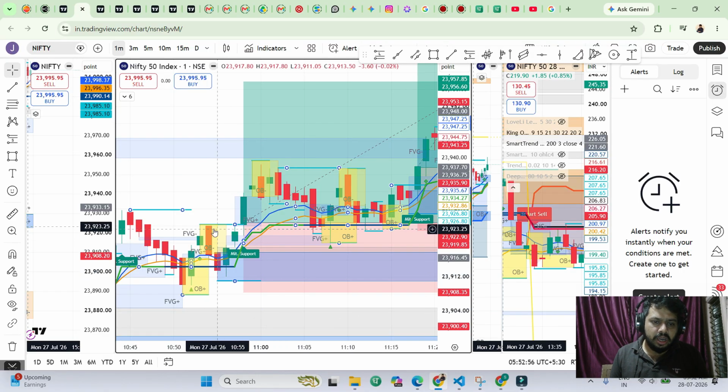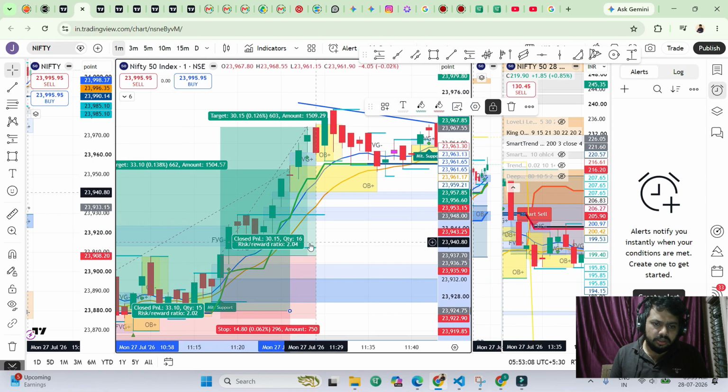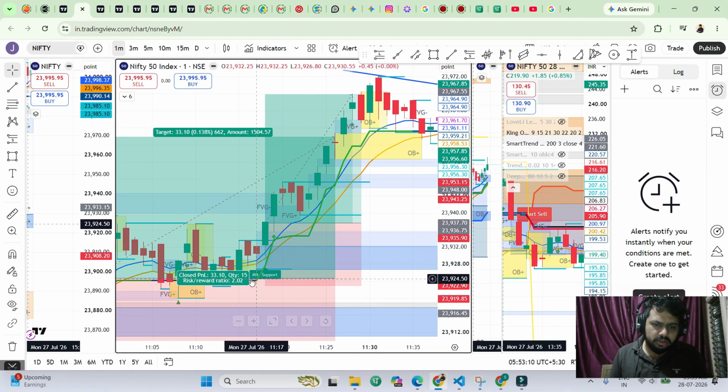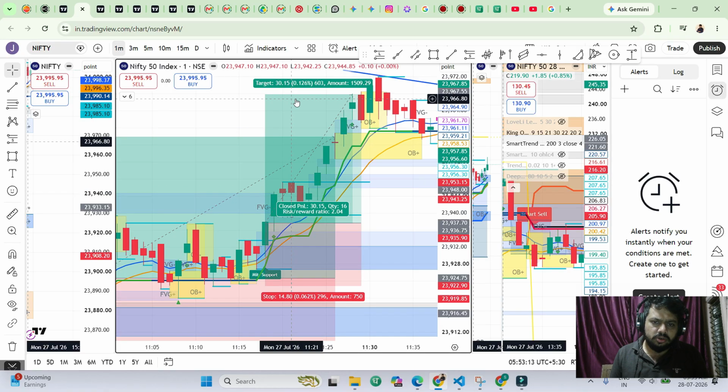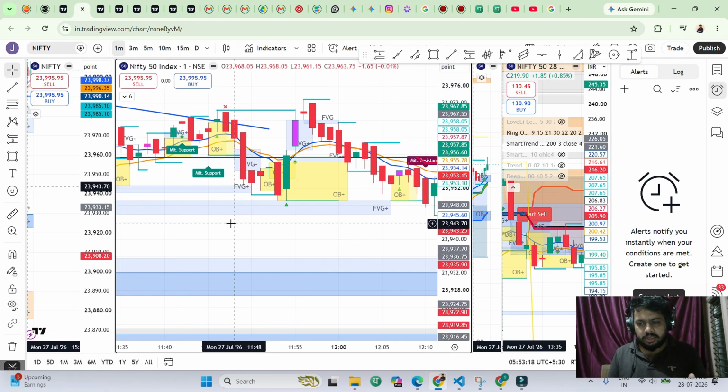To avoid this you have to wait for this particular previous pivot to be crossed. Okay, then you have to enter for 1 raised to 2, and then here also mitigation OB plus crossed, 1 raised to 2. Okay, clearly it is only one strategy.